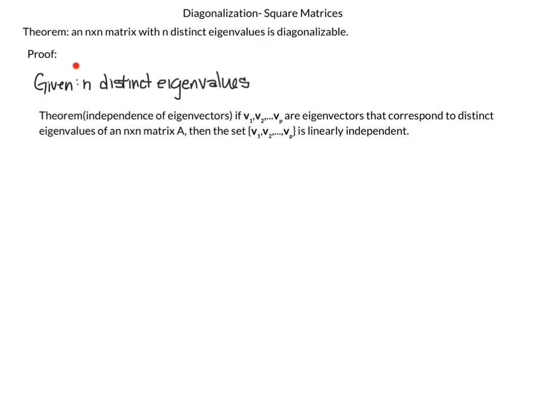We're going to start with the fact that we are given n distinct eigenvalues, and we have this theorem about the independence of eigenvectors. If v1, v2, up to vp are eigenvectors that correspond to distinct eigenvalues of an n by n matrix, then the set v1, v2, up to vp is linearly independent.